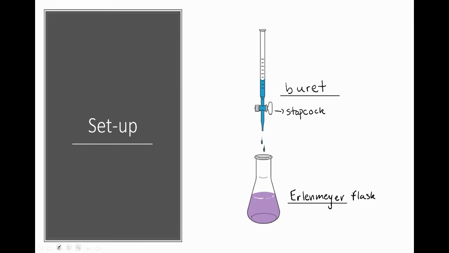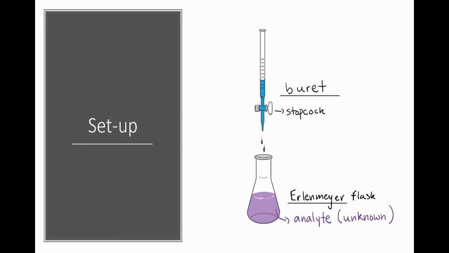All right. Now, right quick, a few more terms to add in here. Whatever substance goes in the flask is called the analyte. That is the substance that is unknown in terms of concentration, and we're going to be analyzing it to find out what that concentration is.